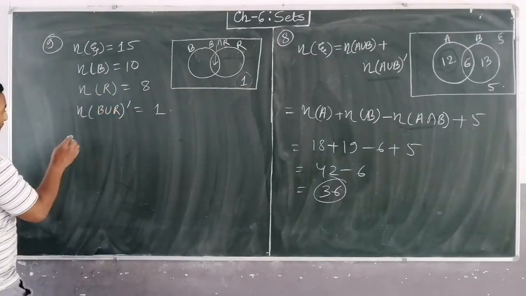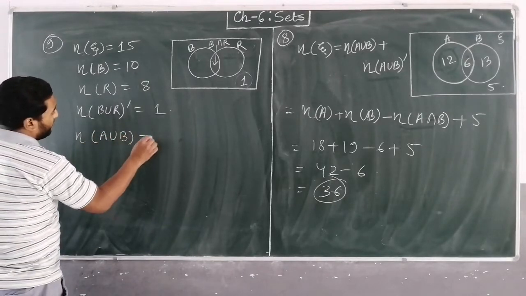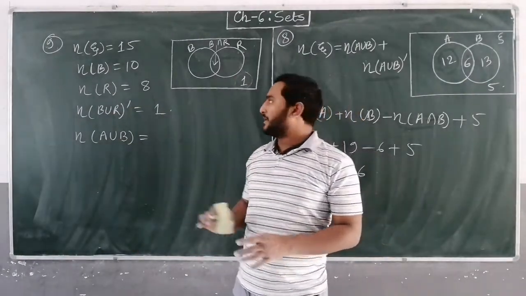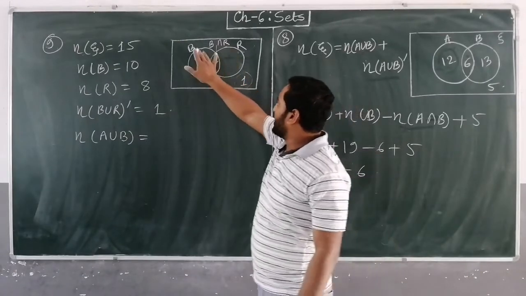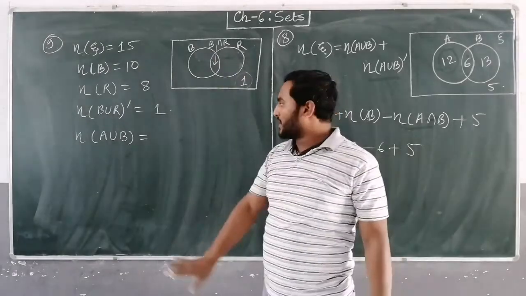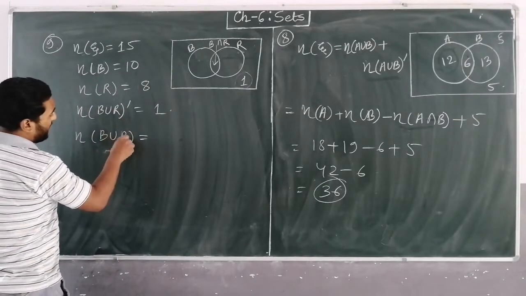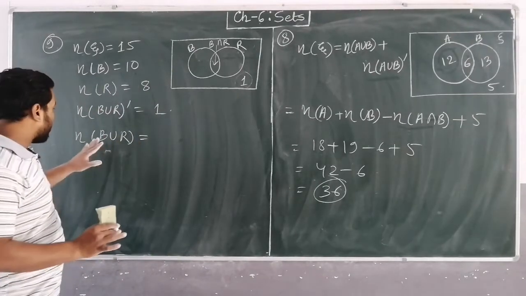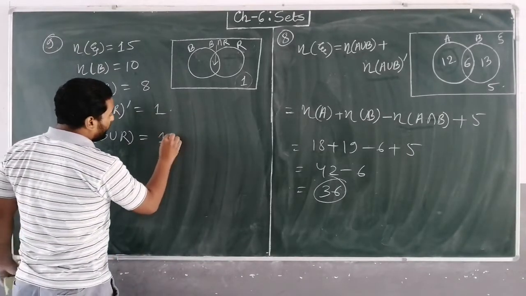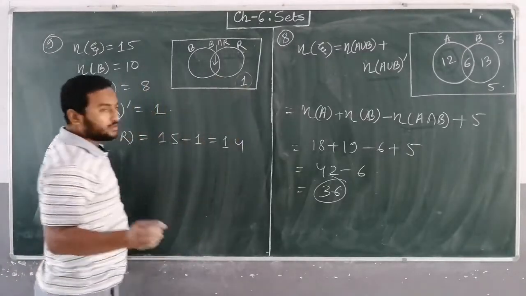So the number of girls in B union R, those buying either bangles or ribbons or in the common part, will be 15 minus 1, that is 14, because one girl is not buying anything.